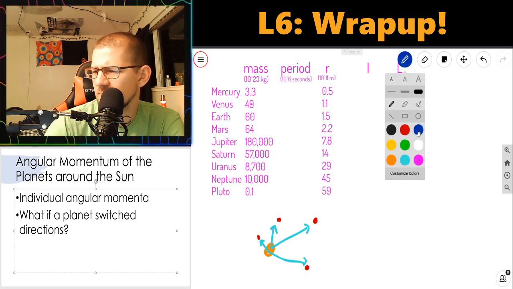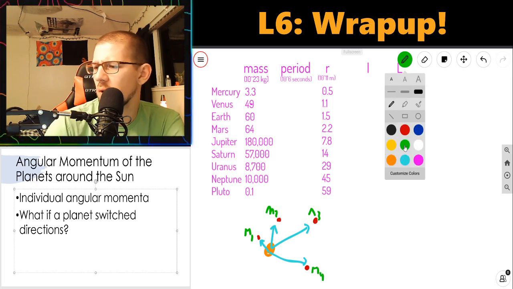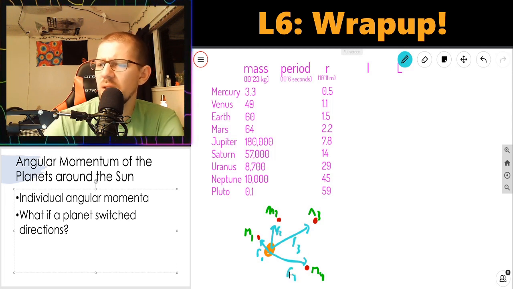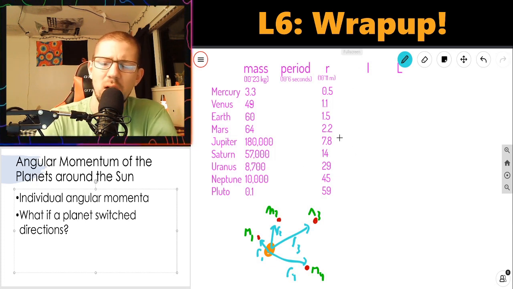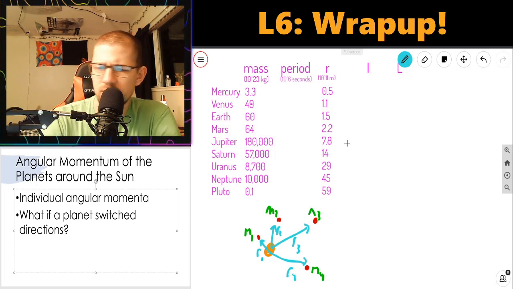Here are my r's, and each of them has a mass: M1, M2, M3, M4. Let's draw in our letters for r: R1, R2, R3, R4. We do that for all the planets. That's going to tell us the moment of inertia of each planet around the sun. So let's do that next.